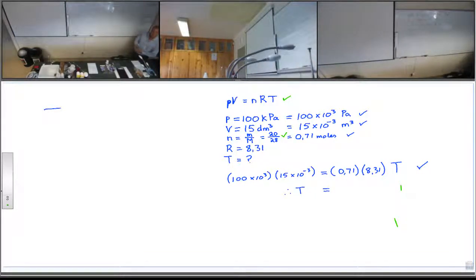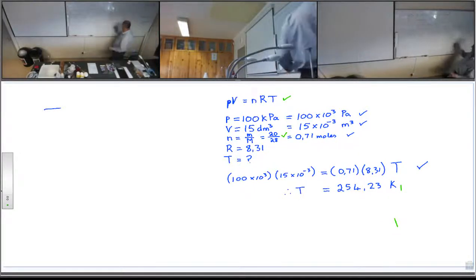No, it can't be. 252, 254, and what's that unit in? Kelvin. Now, how do we go from Kelvin to centigrade?